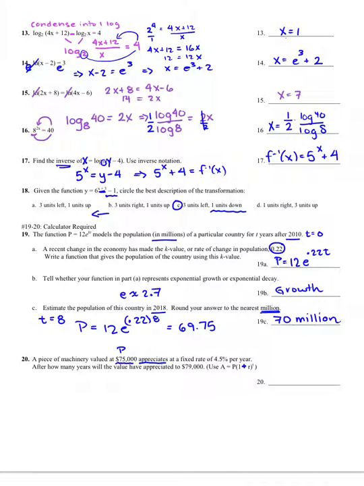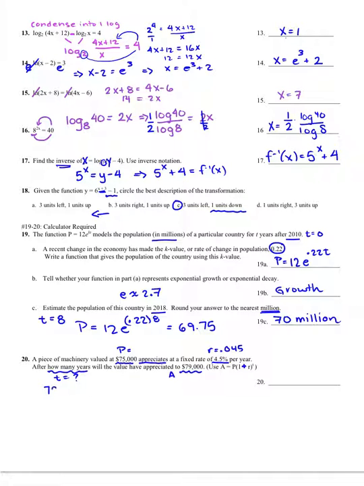So this is our P value, 75,000. Our R is going to be, remember, make it a decimal, 0.045, because that's how much it's appreciating each year. And we want to know after how many years, in other words, solve for t when it equals, and this will be the A value, 79,000.